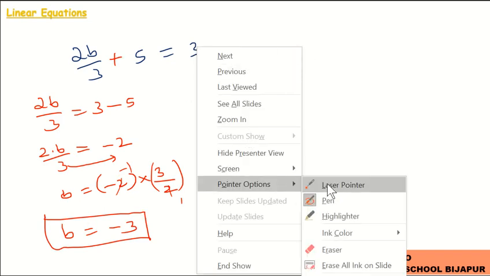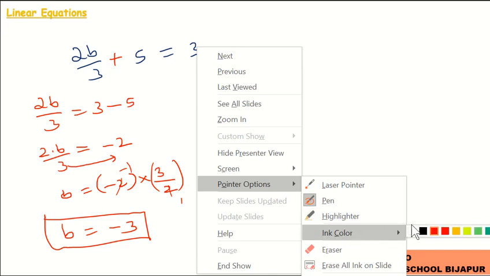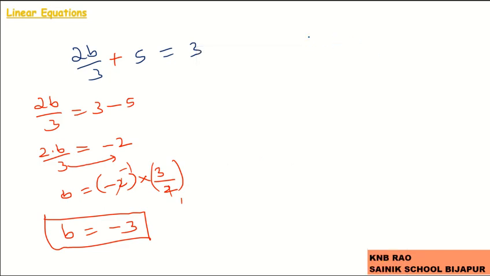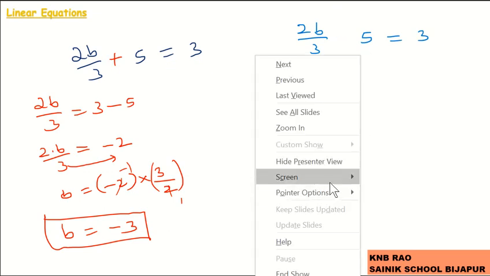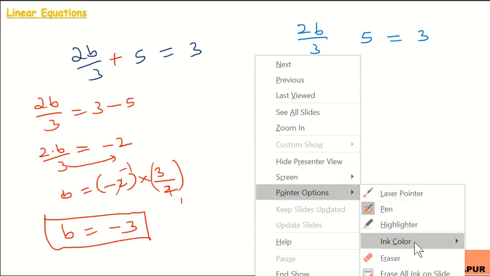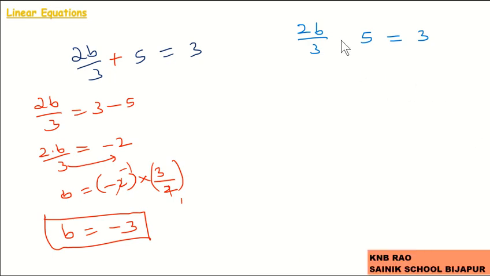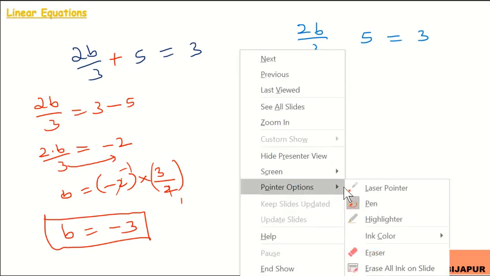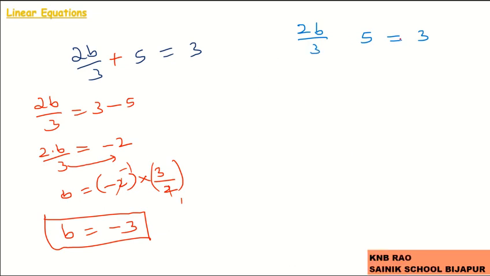And suppose I have 2b by 3 equals 3, and instead of addition, suppose I have subtraction here. This subtraction will lead to 2b by 3 equals 3, and this subtrahend, if it comes this side, becomes an addend.